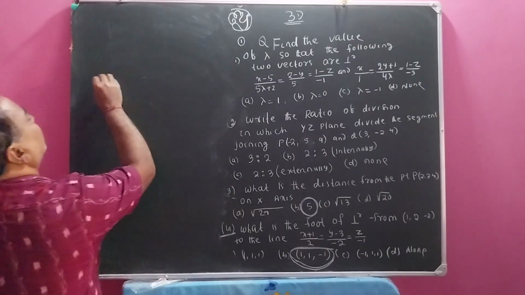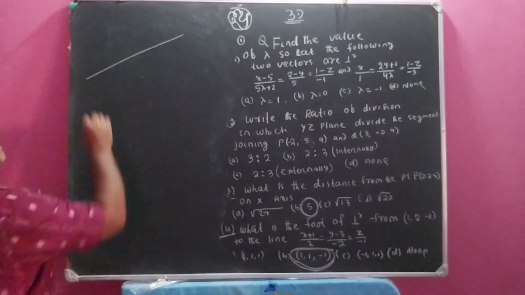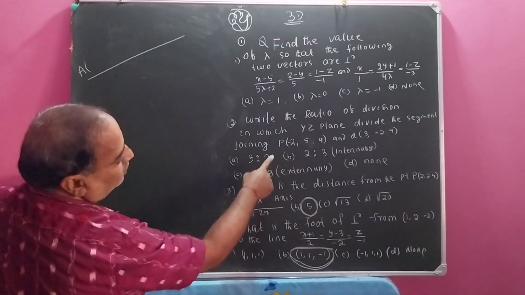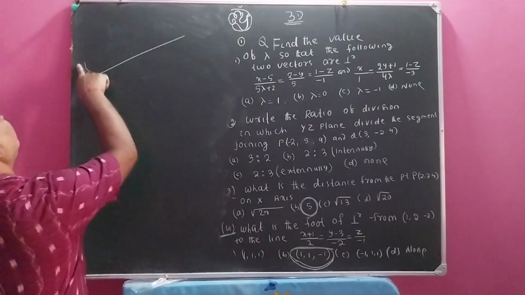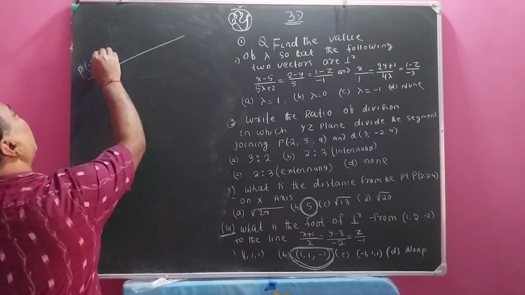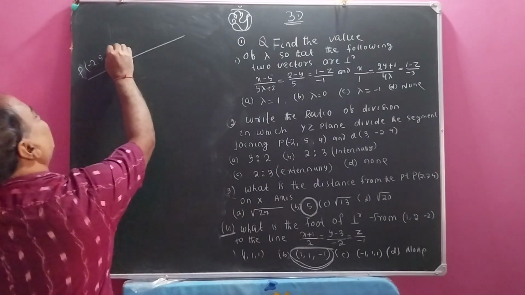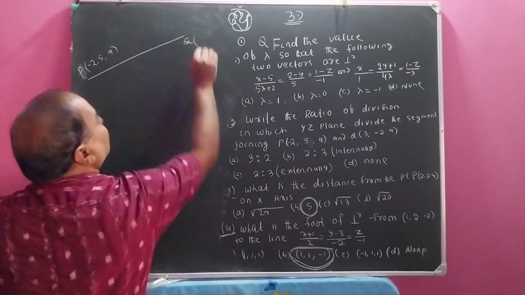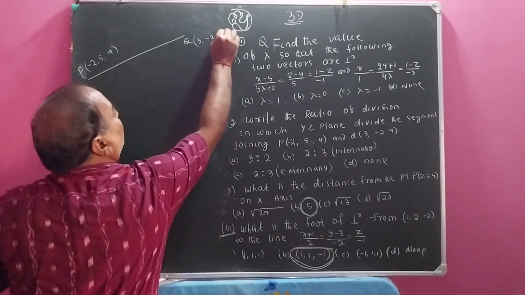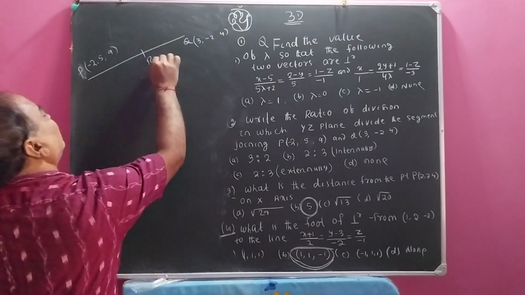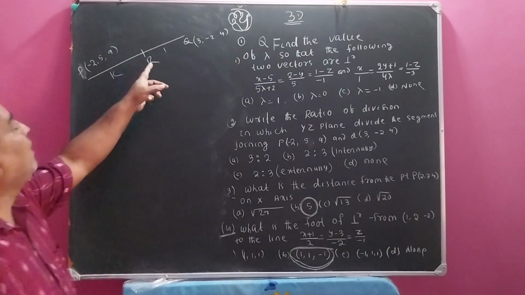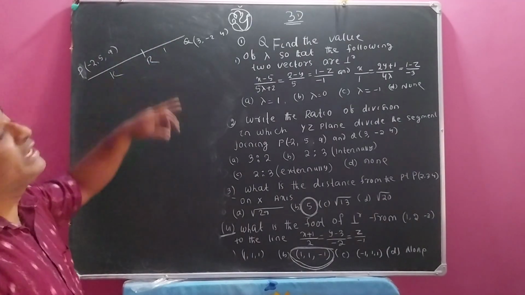Suppose P is (-2, 5, 9) and Q is (3, -2, 4). Let the point R divide PQ in the ratio k is to 1.